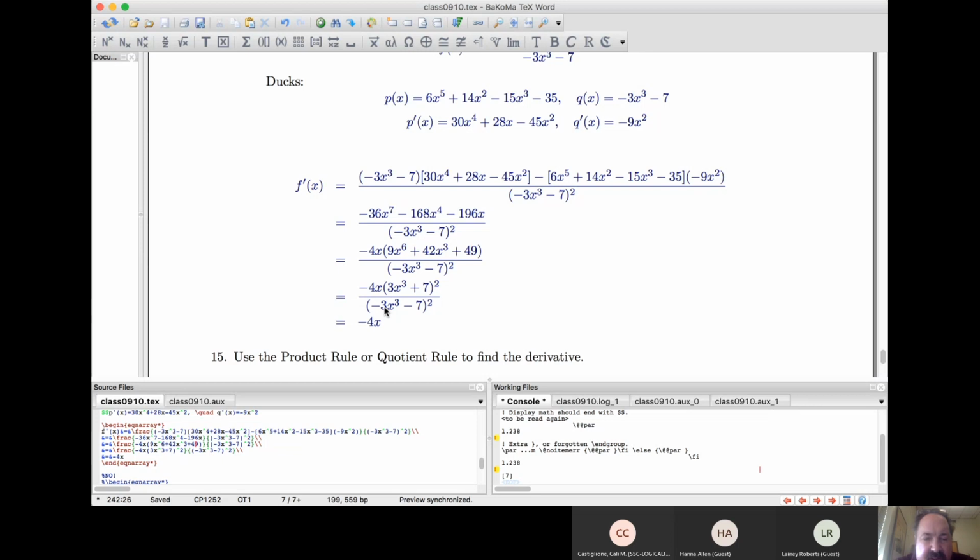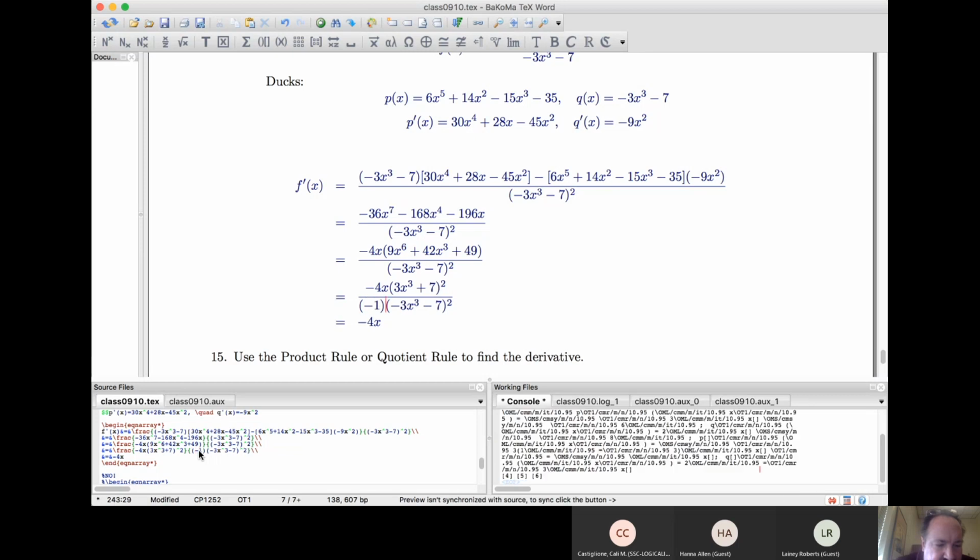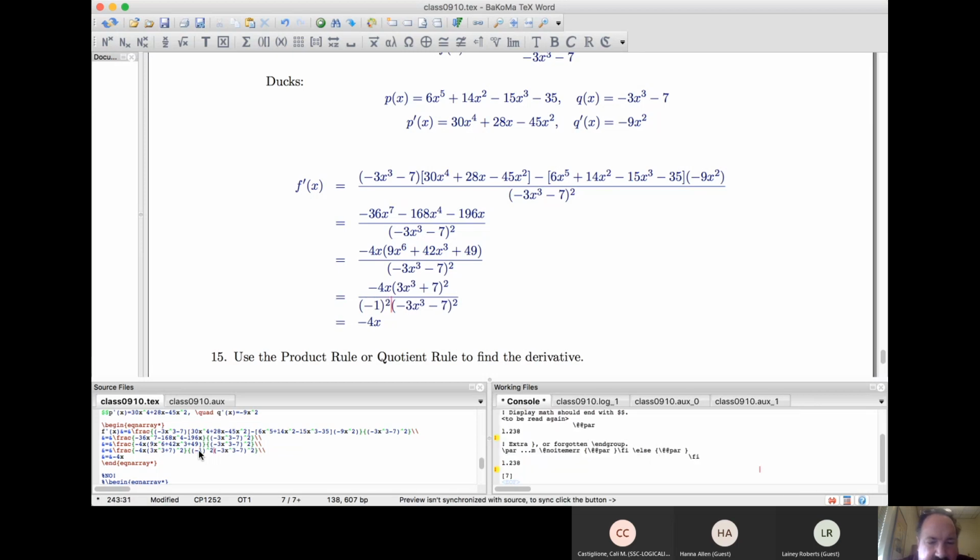And inside the denominator, I can factor out a minus 1 squared. And we have that. So those cancel, and the derivative turns out to be minus 4x. That's not something you would be required to simplify to get to that point, but I'm just pointing this out.